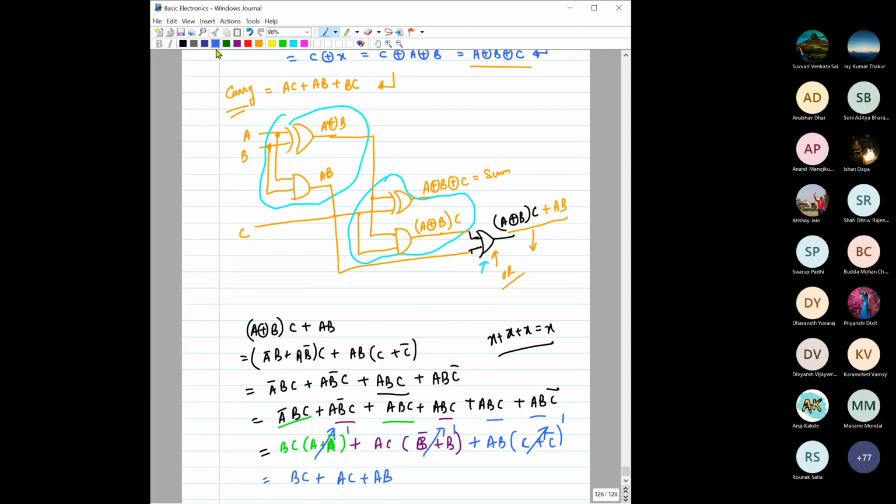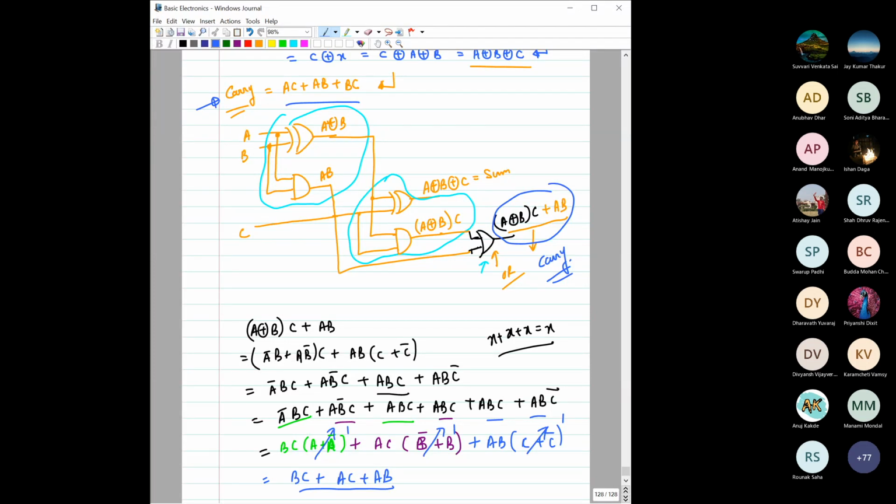And let's see what the carry for the full adder was. It is AC, AB, BC, right? So this one is nothing but the carry of the full adder. So this circuit uses two half adder circuits, and in addition to that we are using one OR gate to get a full adder circuit, right?